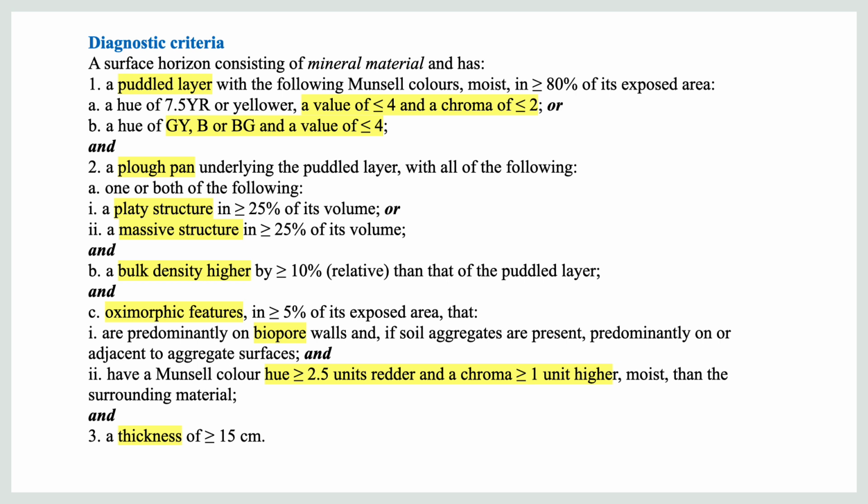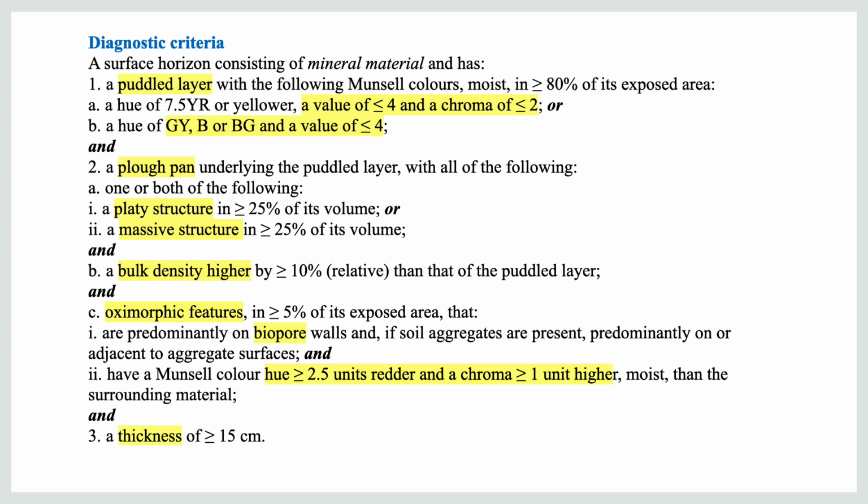All the other sections are considered mineral material, and the anthraquic horizon is one of these examples. So the content of organic carbon to identify the anthraquic horizon should be lower than 20%. Okay? And much more than this, we need to find a puddled layer.